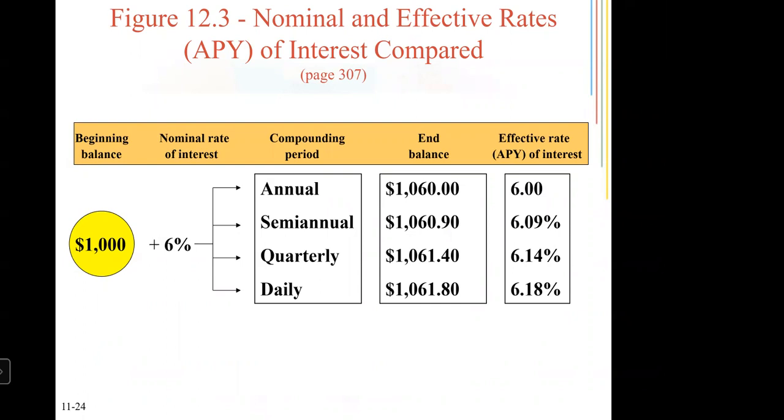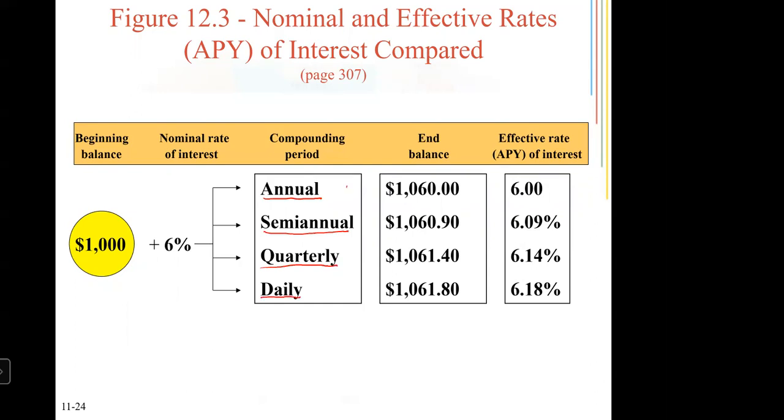Based on what I could see, it looks as if the end balance always has the rate in it. Okay, but what can you say about the rate and the frequency of compounding? You have annual is once a year, semi-annual is twice a year, quarterly is 4 times a year, daily is every day.